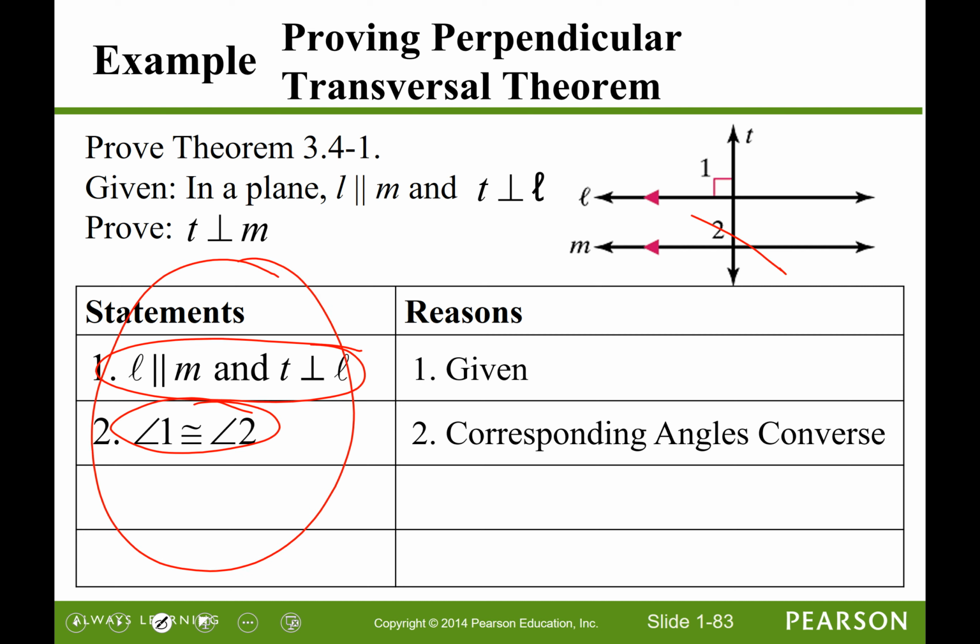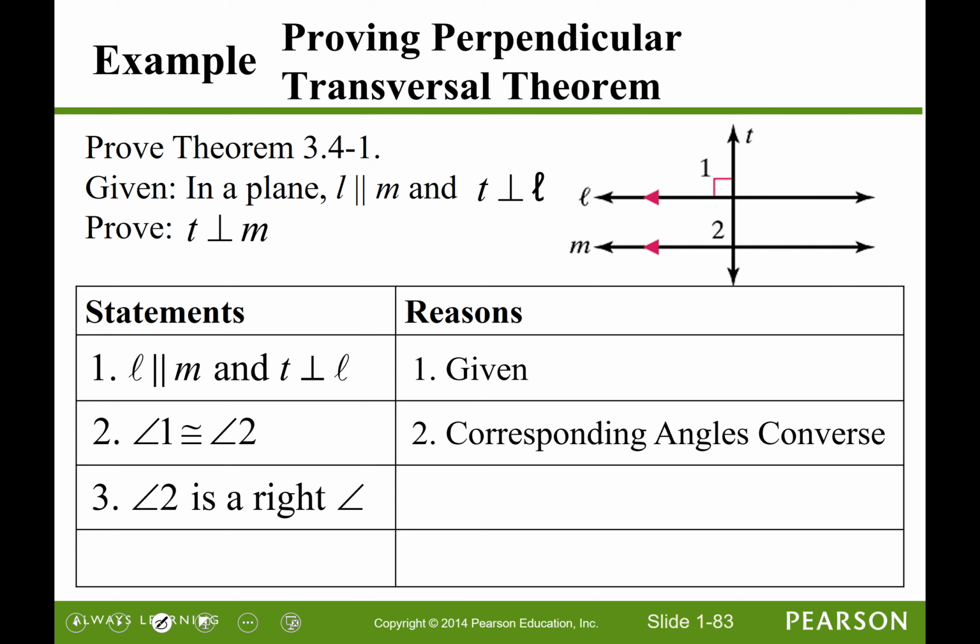All the reasons are like given, definition of vertical angles, corresponding angles theorem, corresponding angles converse, stuff like that, okay? Our next statement would be stating that angle 2 is a right angle.